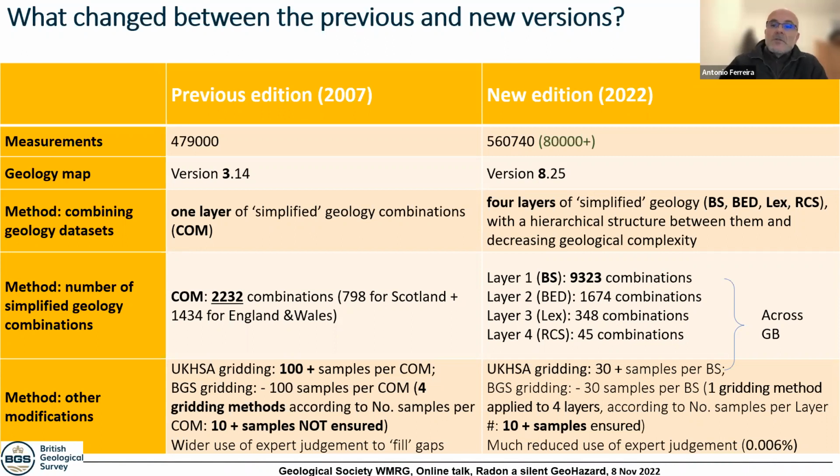These 4 layers of geological complexity allowed us to use a single gridding method across areas with less than 30 measurements, and to ensure a minimum of 10 radon measurements per simplified geology, minimizing the use of expert judgment, something that was not possible to achieve in the previous edition.